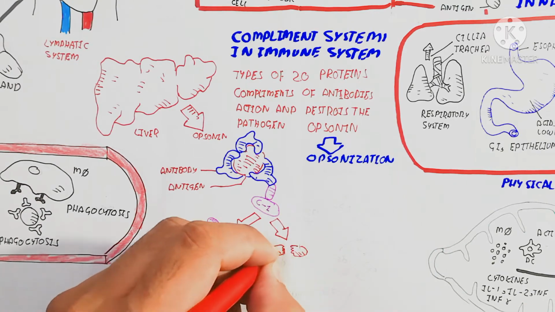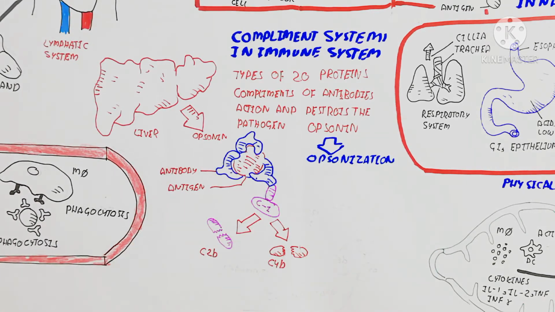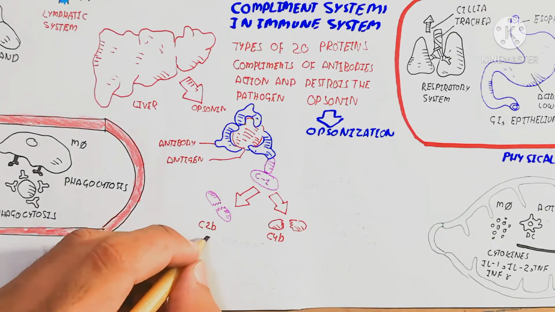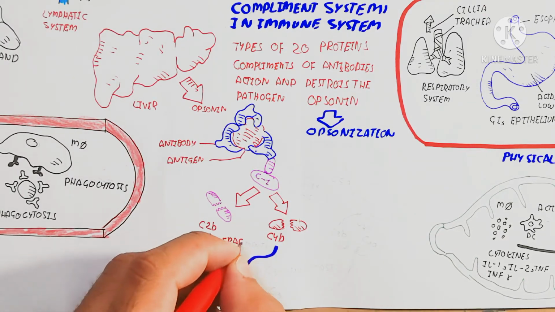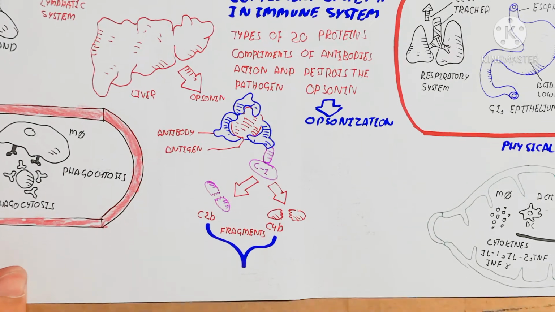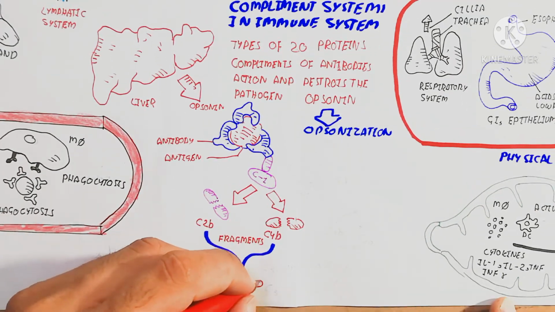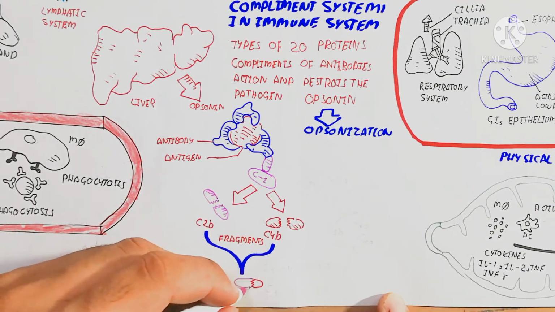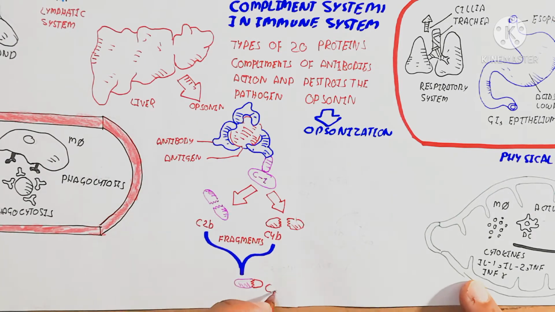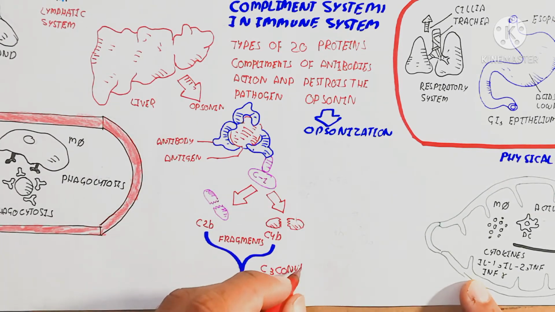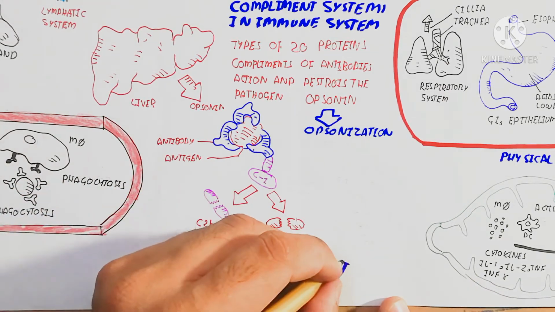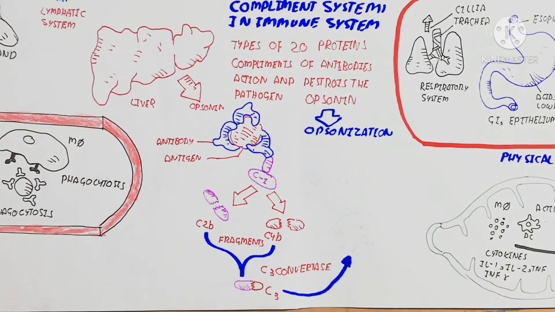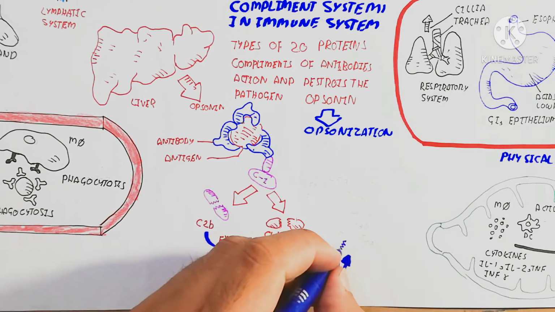So the C1 complex attacks and produces fragmentation, and C2b and C4b will be produced. This C2b and C4b form a complex, known as C3 convertase, the enzyme used for it. That complex is known as C3.